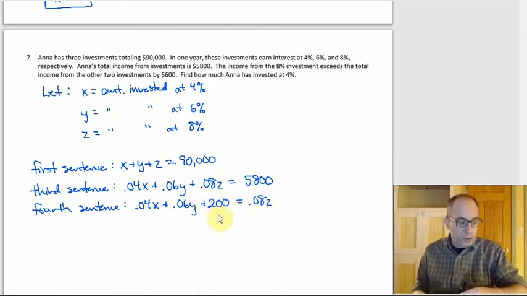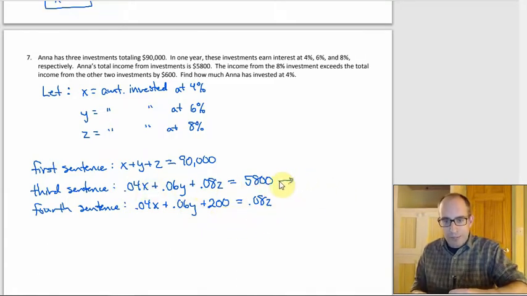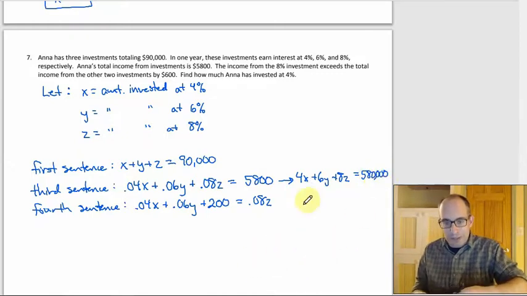The other thing that's probably worth it is clearing out those decimals. So that third sentence, I'm going to rewrite that. If you multiplied both sides by 100, you'd get 4x plus 6y plus 8z equals 580,000. Right, 5,800 but with two extra zeros.